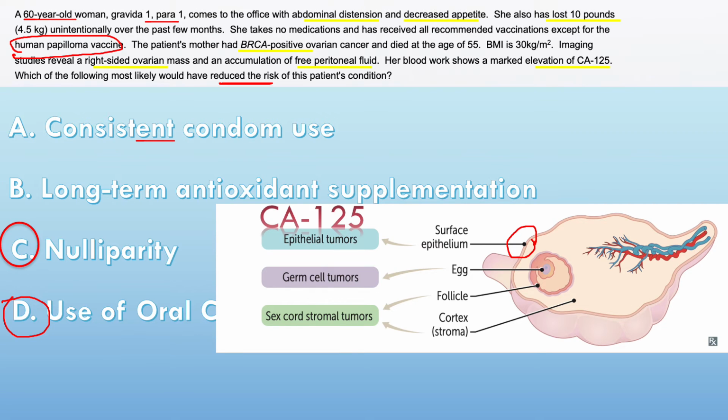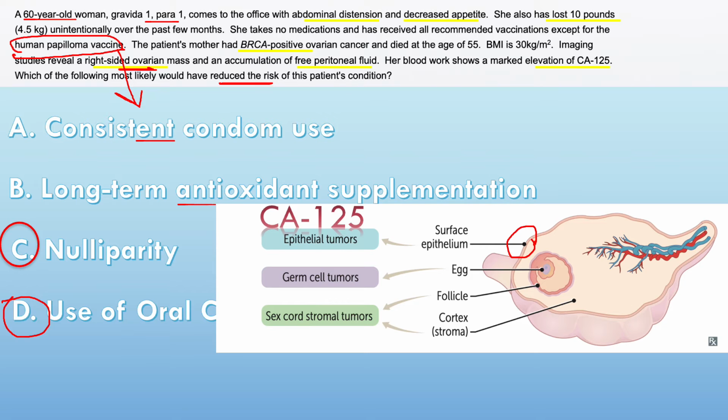So the examiner put this in case someone picks up on it, which is also a distraction. But they're all wrong because they don't go together, especially since imaging shows an ovarian mass. Okay, so he already gave away that it's ovarian cancer, not cervical cancer.